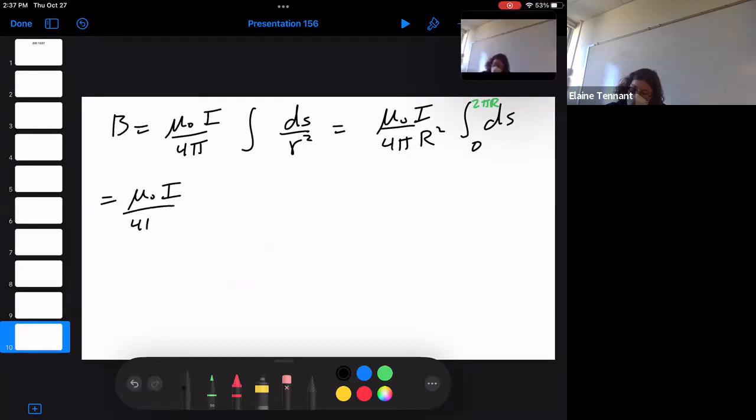You really can just write down 2 pi r for the answer to this integral, but just so everyone's happy, I integrate ds and I get s, and I plug in my limits, and that's squared, and now I have 2 pi r. Does that make sense?